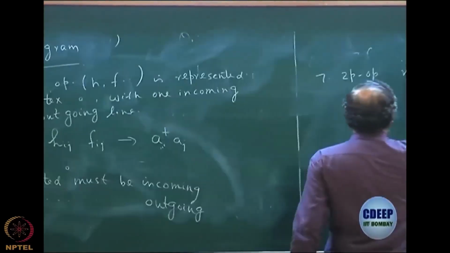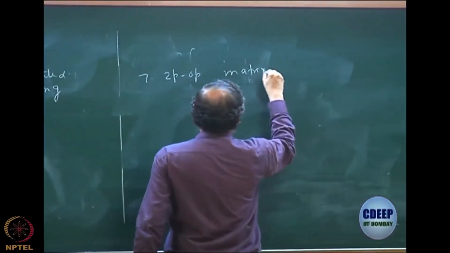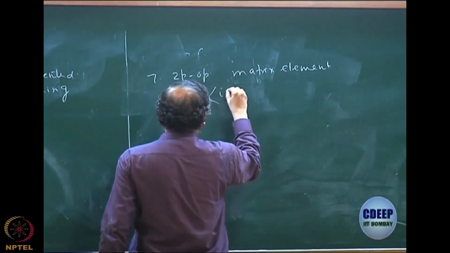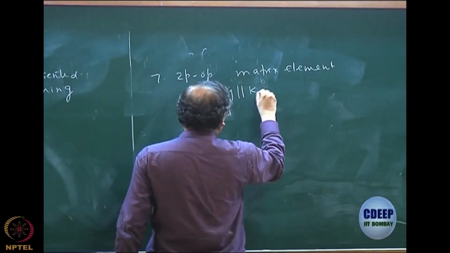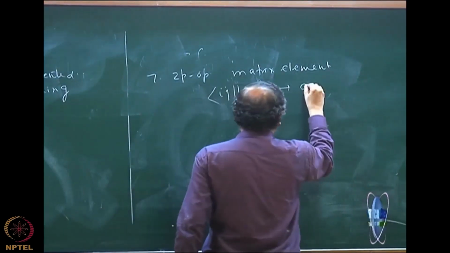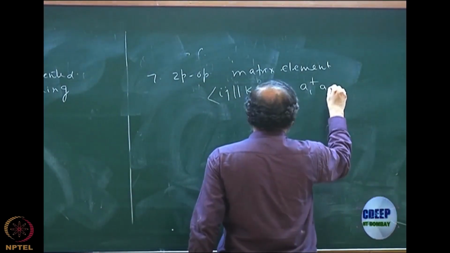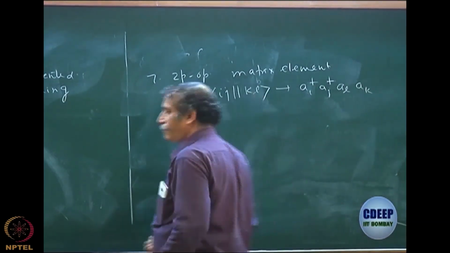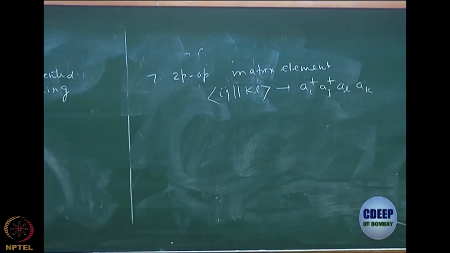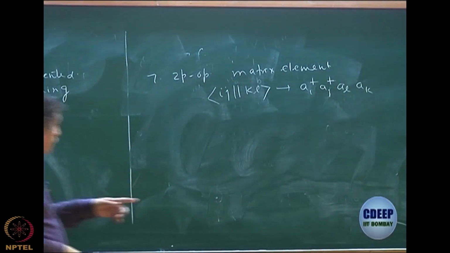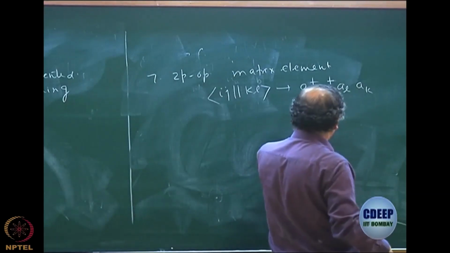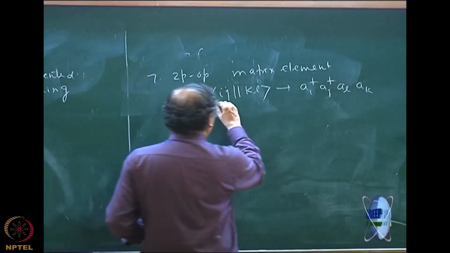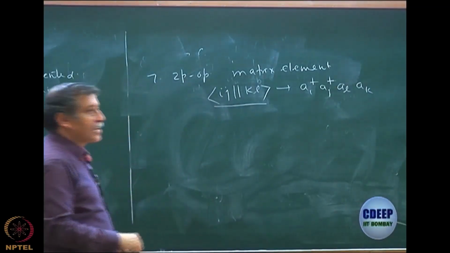The attached matrix element is an antisymmetrized 2 electron integral Ij KL for a sequence of operators which is Ai dagger, Aj dagger, Al Ak. Okay. So, basically K is going to I, J is going to L is going to J, and the attached sequence is Ij antisymmetrized KL.